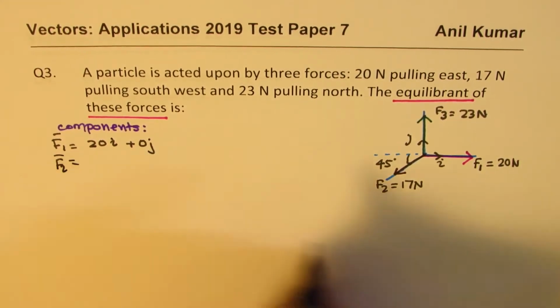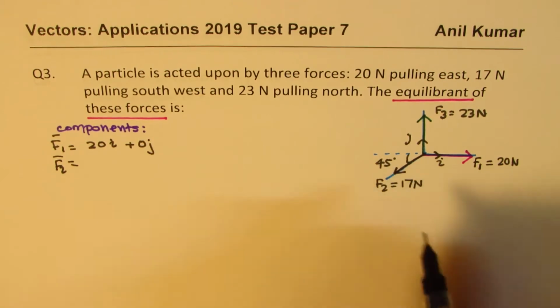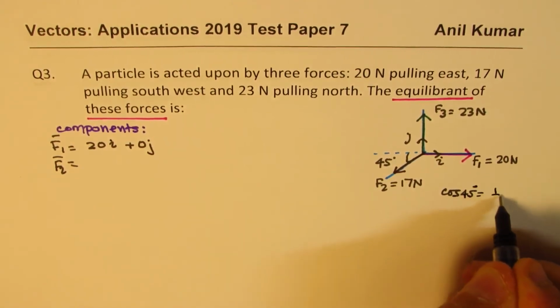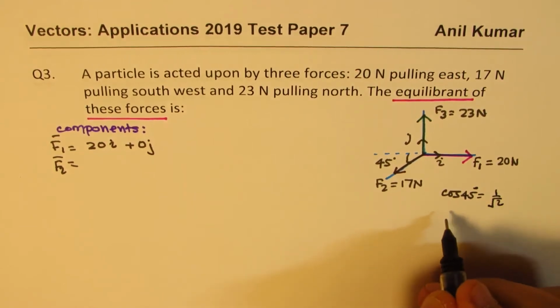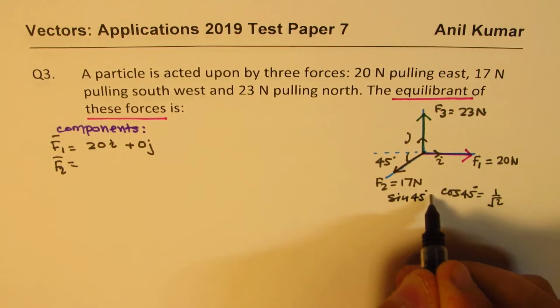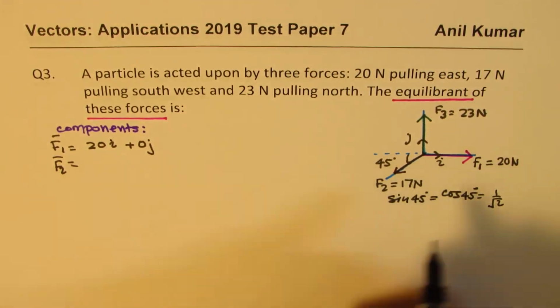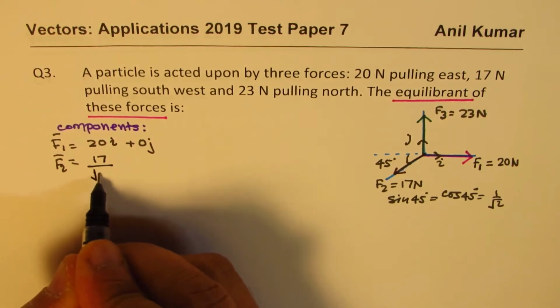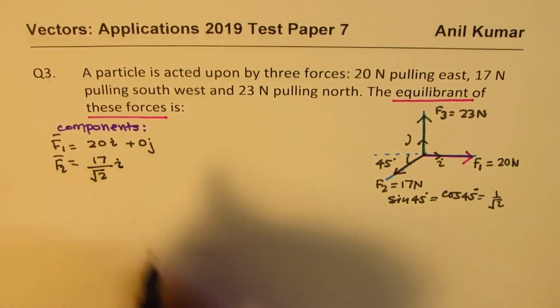Force 2, which is this one, cos of 45. You know, cos of 45 degrees is 1 over square root 2. And sine of 45 is also same. Let me write down. Correct? So here, this will be 17 over square root 2 I.